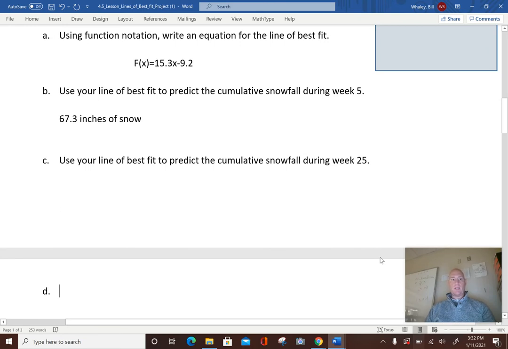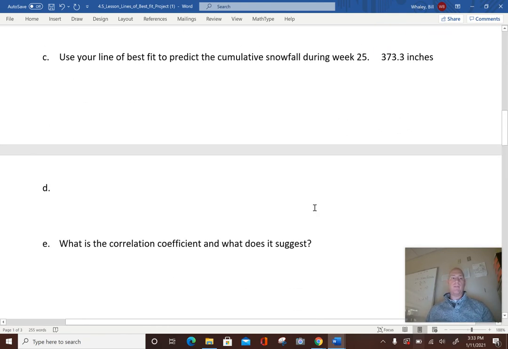And for some reason, it's not letting me put my answer in here. But I'll just do it over here. So it'll be 373.3 inches. And if you were off by 3 or 4 inches, that's fine. It's not going to be way off, okay?